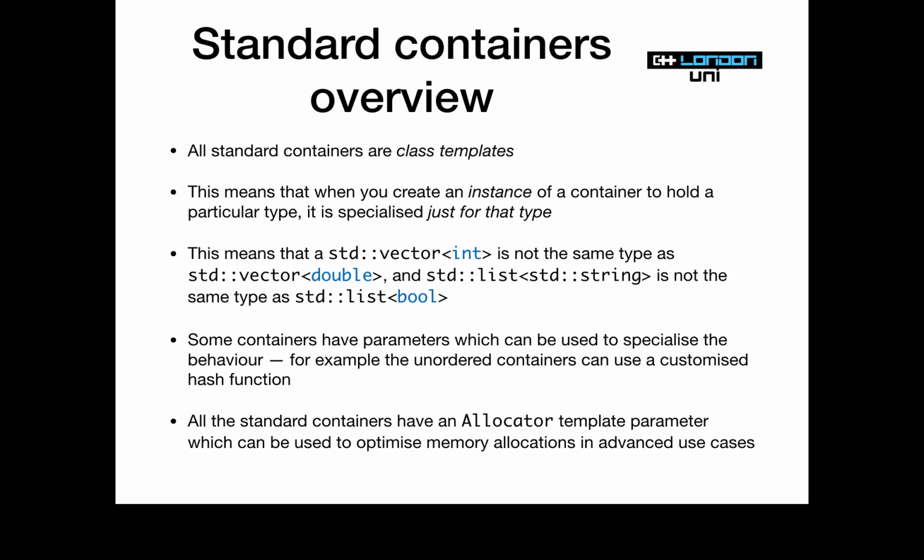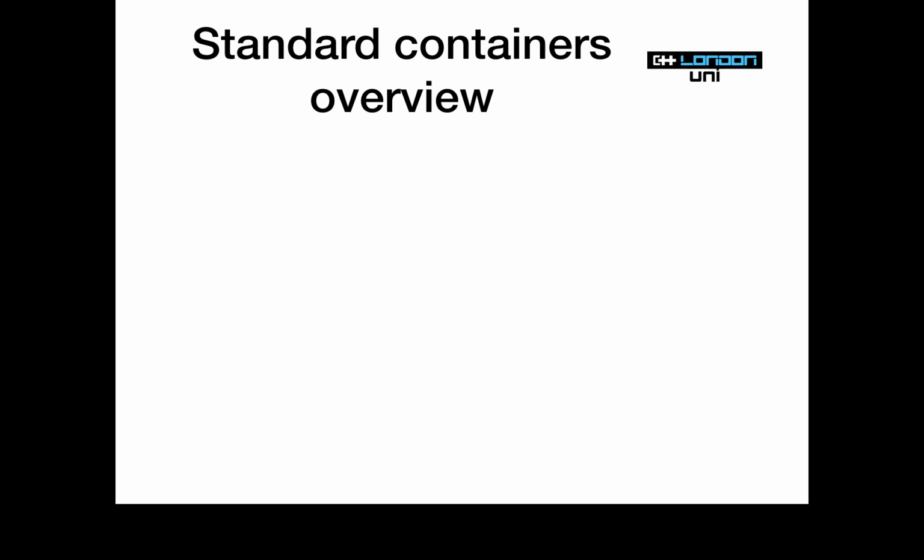It's an optimization thing. If you need to get the absolute last 1% of performance, then you'd worry about the allocators. But I don't worry about them generally, and you don't need to either. But you might see it come up in error messages, or if you're looking in the debugger, you might see a reference to the allocator. So that's what it is.